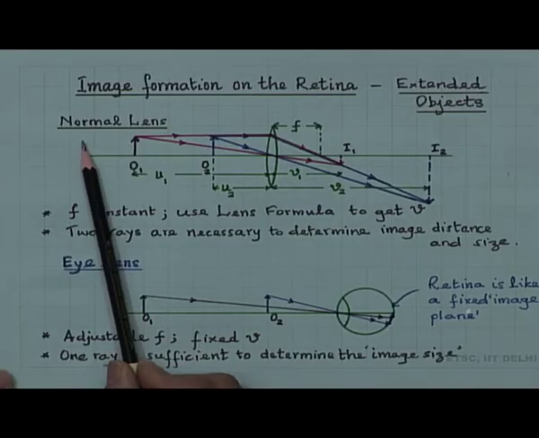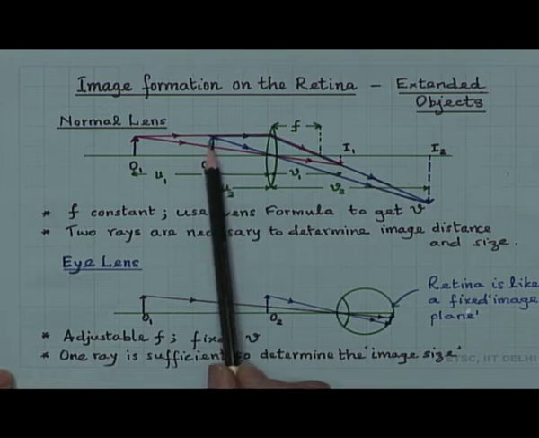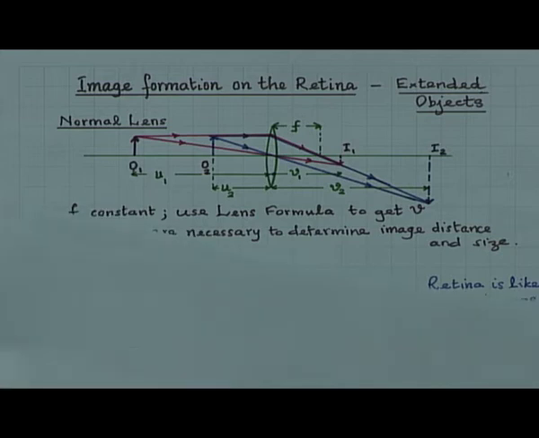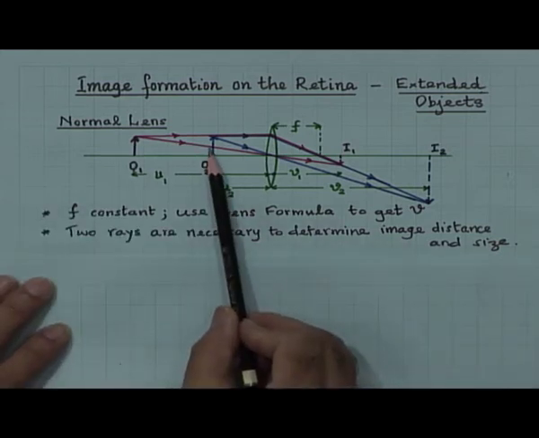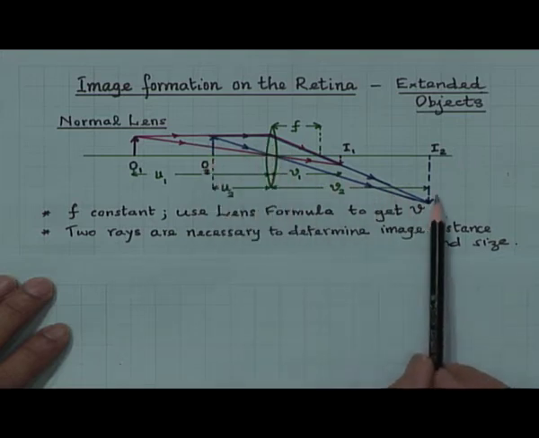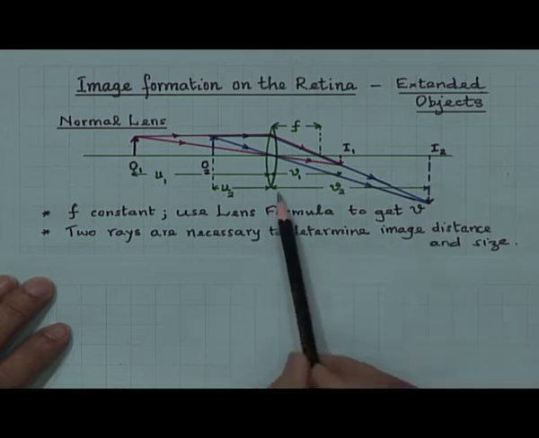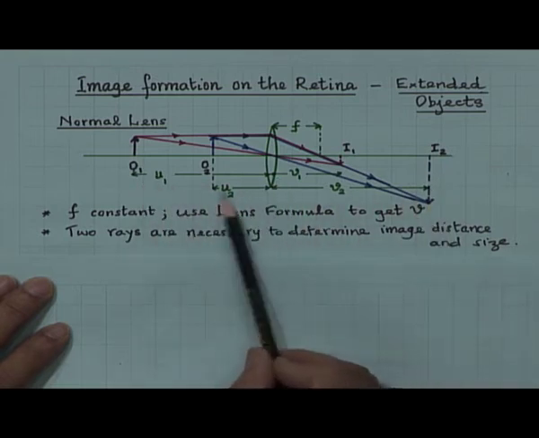First, I am recalling what we have studied. Normal lens, the object is here, we take two rays. So, let us focus on the normal lens. There is the object, we take the parallel ray and the ray passing through the center, and the intersection gives us the image point, and this is the image distance and this is the object distance.